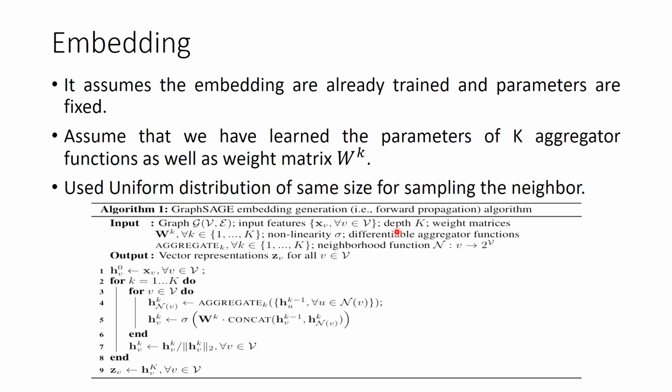So this is its forward algorithm, like how we have calculated. Let's say for each iteration we get h^0, the initial embedding, which is x_v, like we already get the embedding.